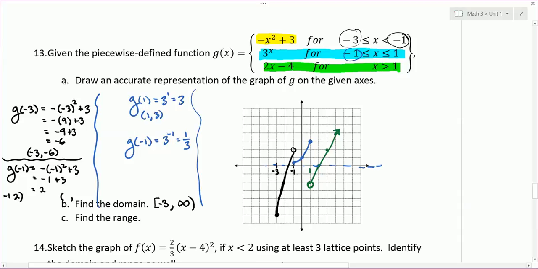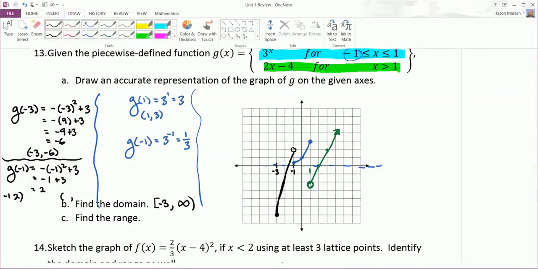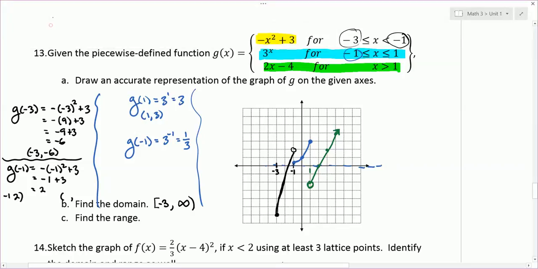Okay. Find the range. So the lowest point is at negative 1, 2, 3, 4, 5, 6. Negative 6 is the lowest, and it's included. The highest point, well, this green arrow is pointed up as high as we want to go, so up to infinity.